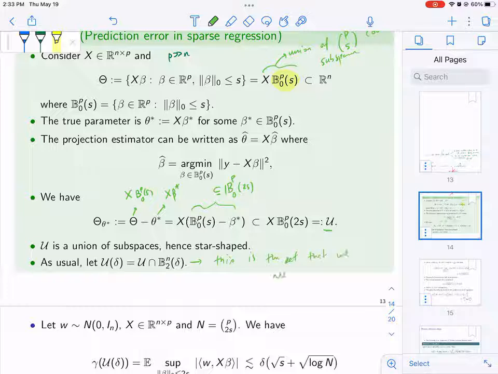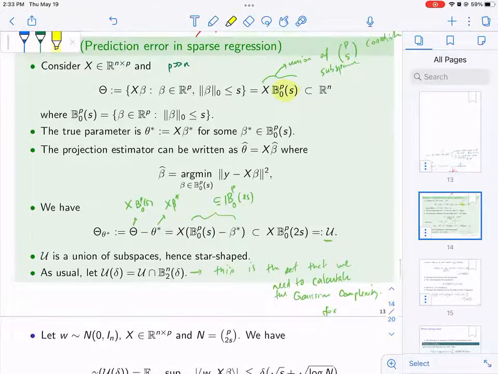We need to calculate the Gaussian complexity for. So the thing that I have to verify is the star-shapedness of this set. So I have to make sure that this is star-shaped relative to the 0.